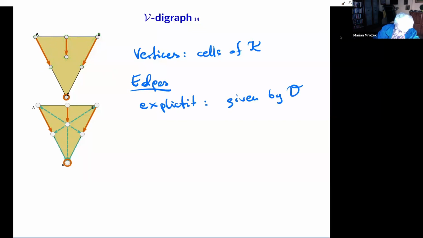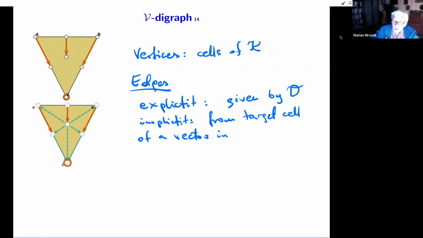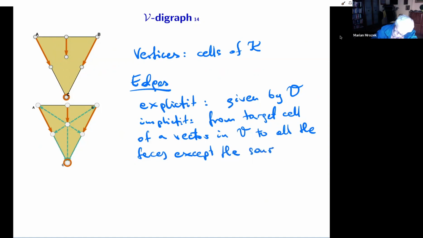And then there are also implicit edges, from the target cell of a vector in V to all the faces except the source of the vector.